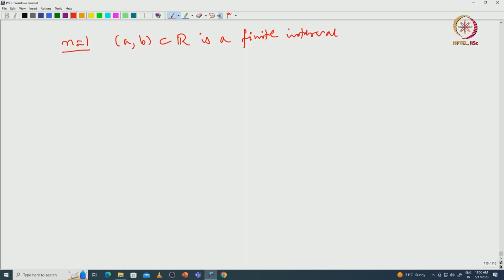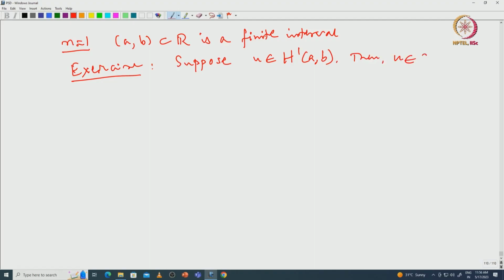Suppose u belongs to H1(a, b). Again recall the definition. This means u is an L2 function defined on this interval, and it has a distributional derivative which is also an L2 function. Then u is actually C^{1/2}.